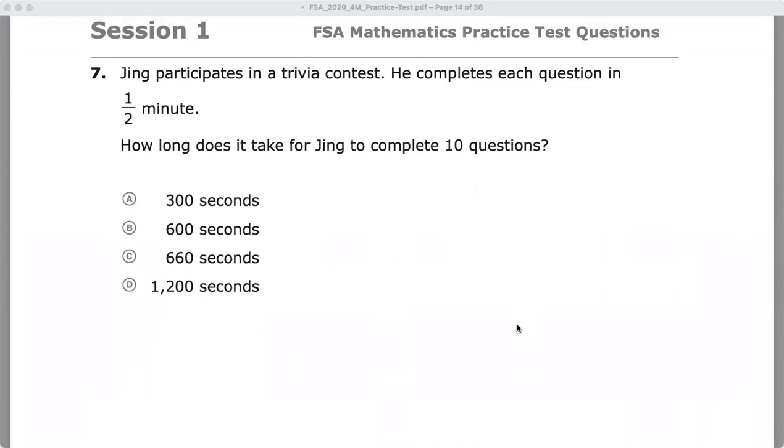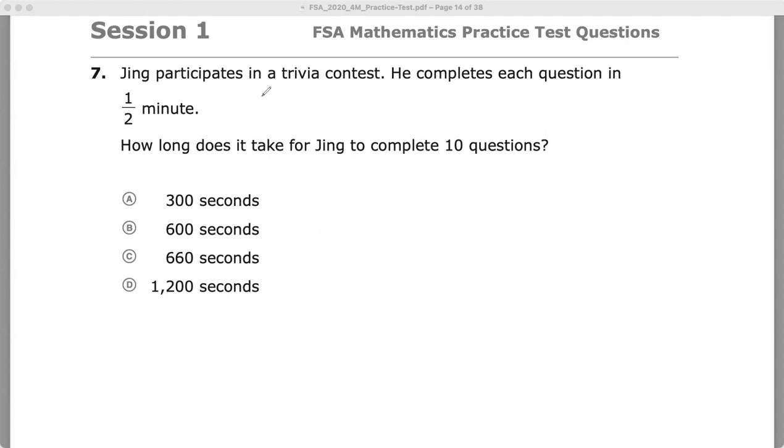Okay, Gene participates in a trivia contest. He completes each question in half a minute. How long does it take for Gene to complete 10 questions? If you need to reference the reference sheet, you can, but looking at all the answer choices, they're in seconds. So we know that a minute is 60 seconds.